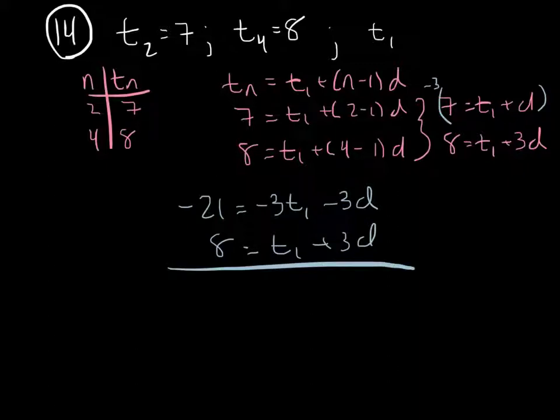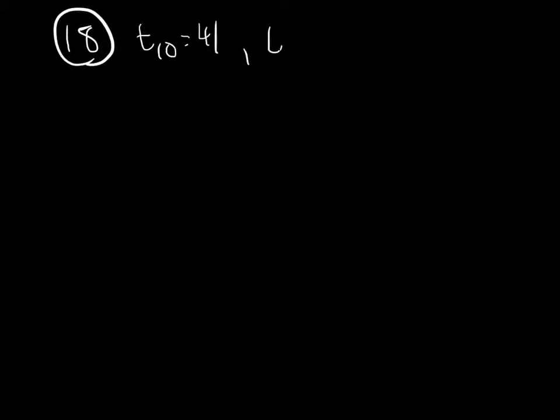Then if I add going down, I get negative 13 is equal to negative 2 t sub 1, or 6.5 is equal to t sub 1. So that's 14. Same type of problem, different setup. Okay, this is 18. We've got t sub 10 is equal to 41, t sub 15 is equal to 61, and we want to find t sub 3.